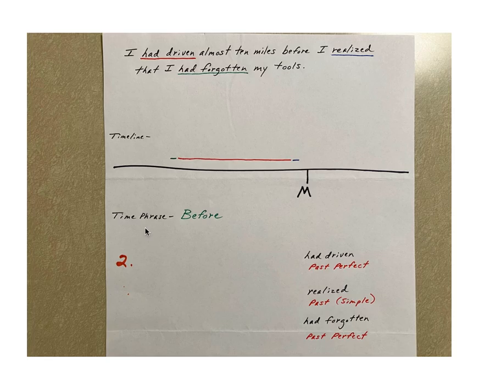Okay, example number 2. I had driven almost 10 miles before I realized that I had forgotten my tools. Okay, so we see I had driven, the red line. Had driven is your past perfect tense. And here's the red line. In other words, before you spoke, you had already driven.